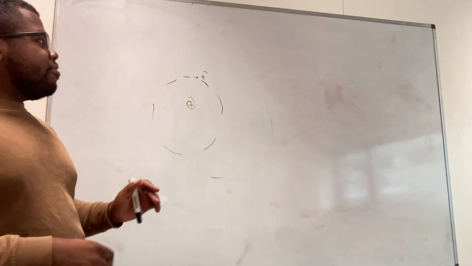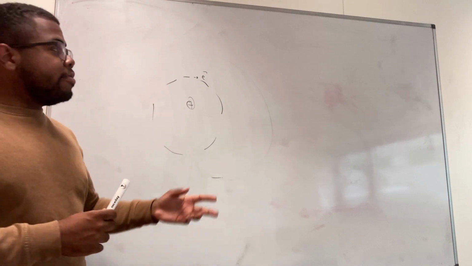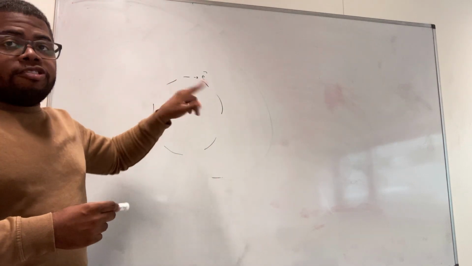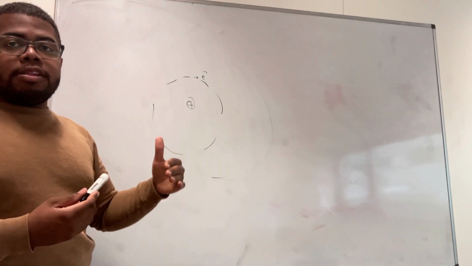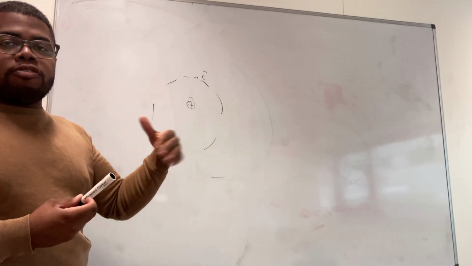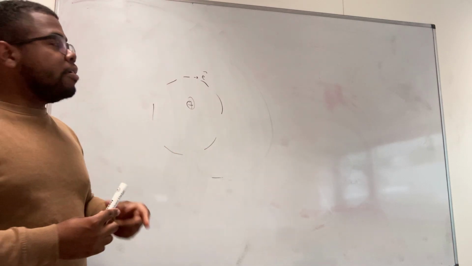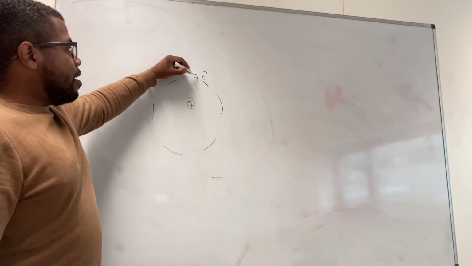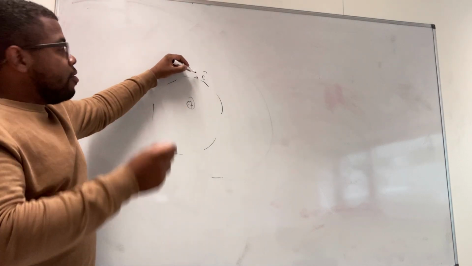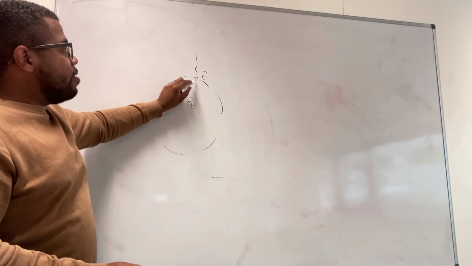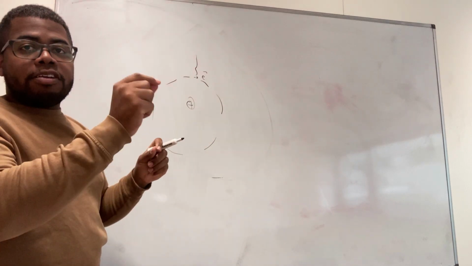And in this sense, because of electrodynamics, if you have a moving charge, that moving charge will emit electromagnetic radiation. It will emit light. So what should happen here is that this electron, as it moves, continues to emit light, and that emission of light makes the electron lose energy.